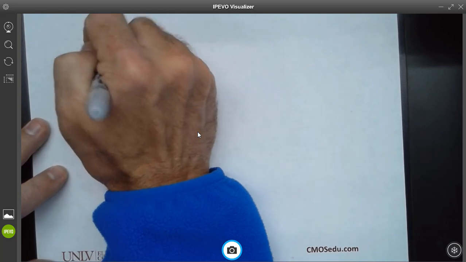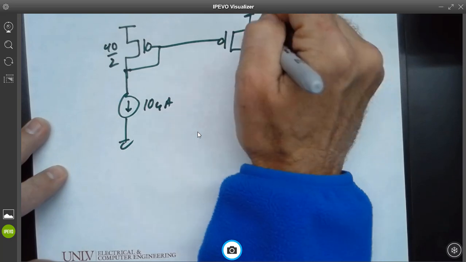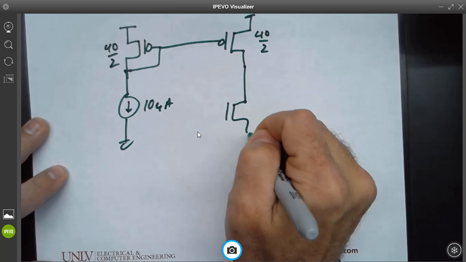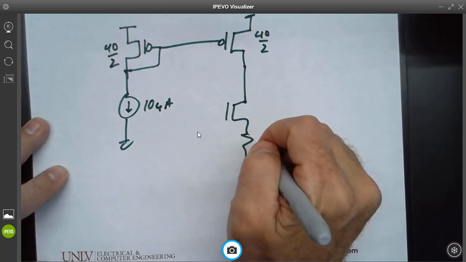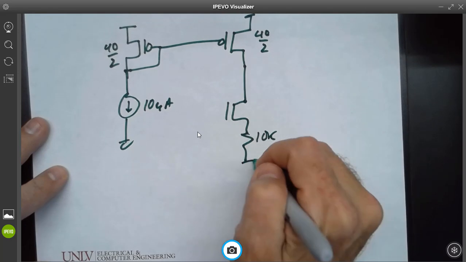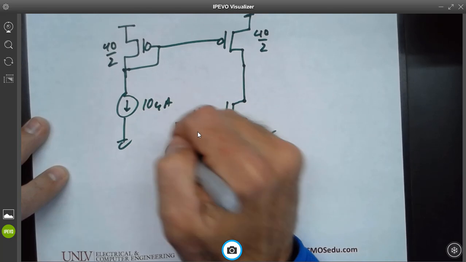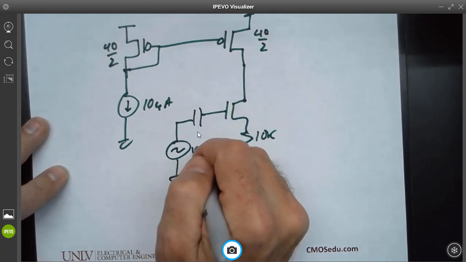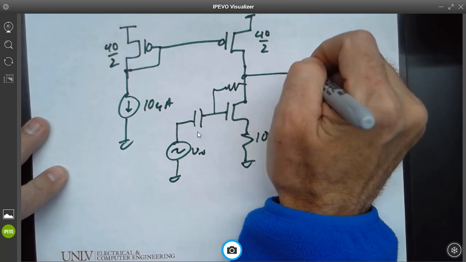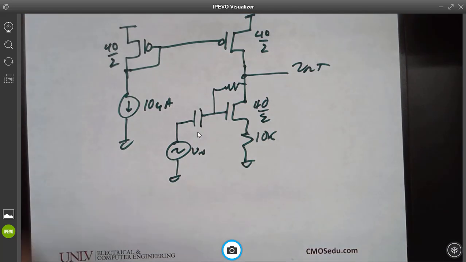So this is 40 by 2. And I'm going to make this 10K. Yeah, it's not that much bigger. And then I'm going to put my capacitor here, my V in. And I'm going to put my big resistor there. And I'm going to call this V out. I'm going to go 40 by 2.